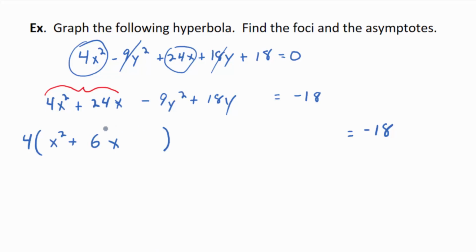Take half the coefficient of 6, which is what? Write it down. When it's a plus right here, write down plus, and then half the coefficient of 6 is 3. Write down that plus 3 on the line below it. And then what do you do with that plus 3? Square it and add it, right? So you square it and add it inside the parentheses, and that completes the square.